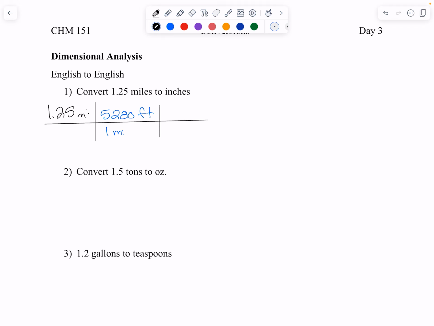And then we know that 1 foot is 12 inches. And if we do that, I get 79,200 inches. Now you can write this as 7.92 times 10 to the 4th inches. Either one is fine. It does not specify scientific notation or not.